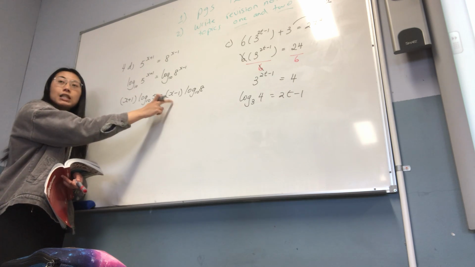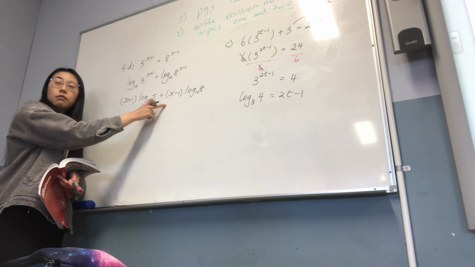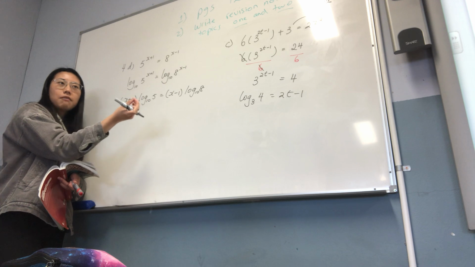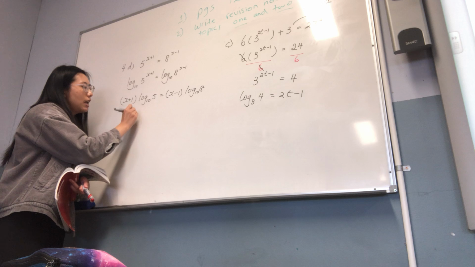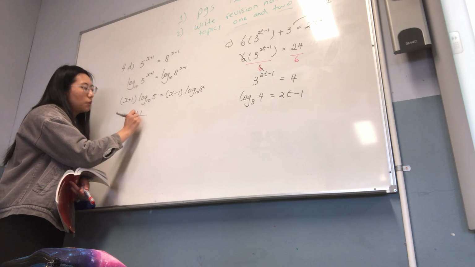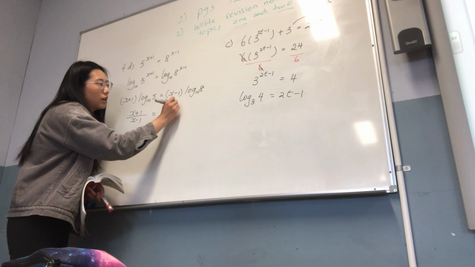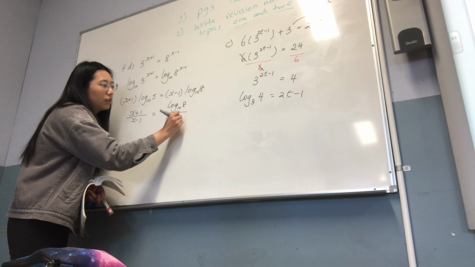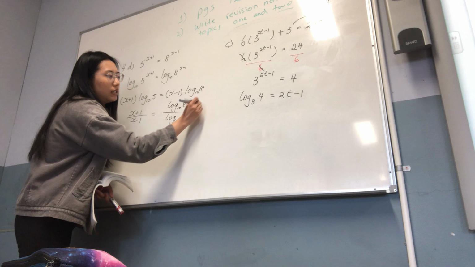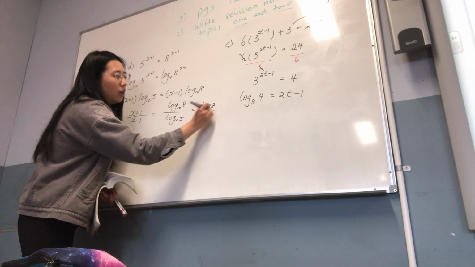So x plus 1, x minus 1, they're not like terms, but they're the same nature, right? There's pronumerals. So combine them, x plus 1 divided by x minus 1. This is equal to log 10 of 8 over log 10 of 5. To put into the calculator, this is just log 8 over log 5.